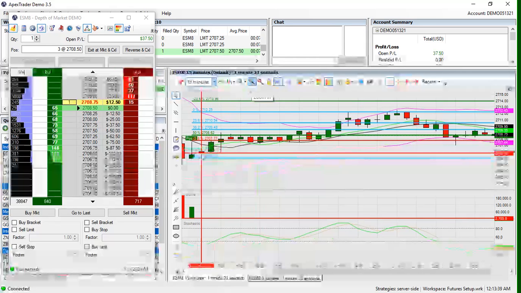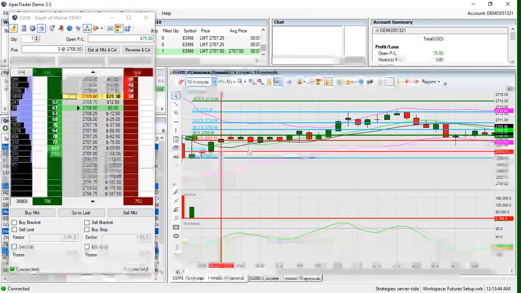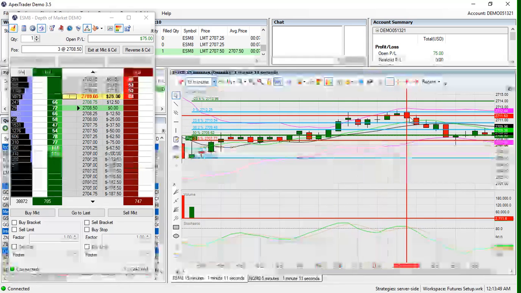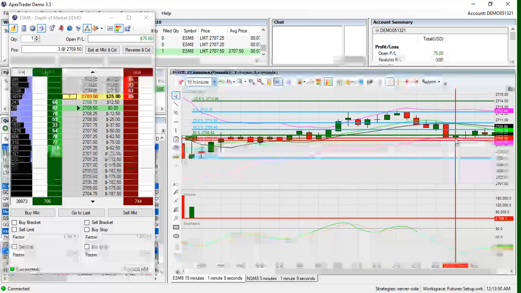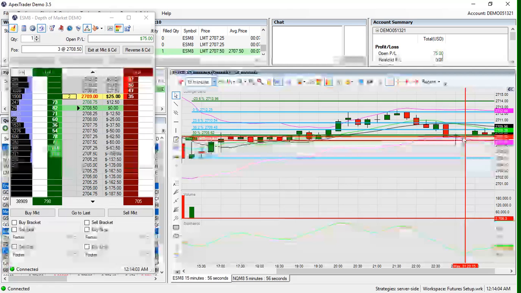And so when we look at this play from our 3 o'clock low up to our 9:30 high, we can see that the price has retraced itself back to our 50% level, 2708.62. So the ES trades in quarter ticks. So we're looking at 2708.50.